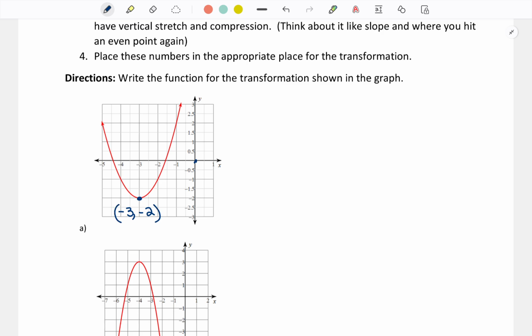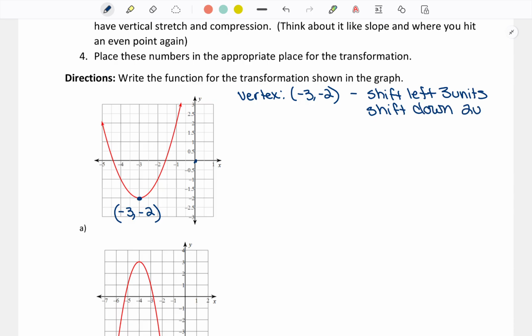So this means that we have a shift left 3 units, and then a shift down 2 units.